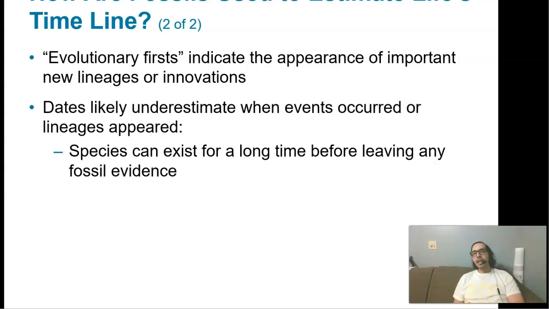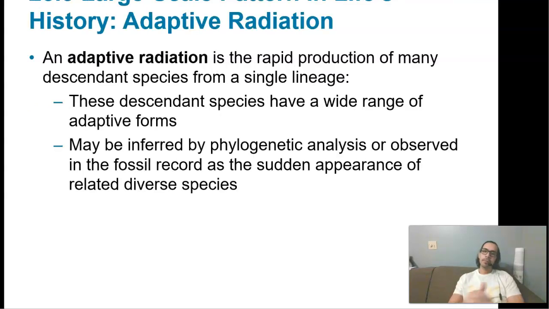Evolutionary firsts indicate the appearance of important new lineages or innovations, but these dates are likely to be underestimated because species can exist for a very long time before leaving any fossil records. That's why they're always considered underestimates.